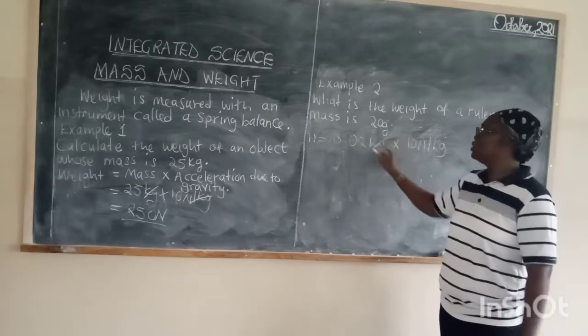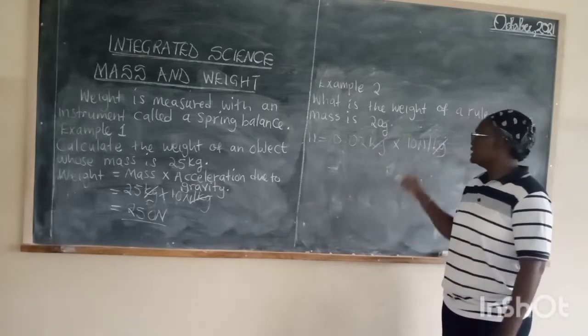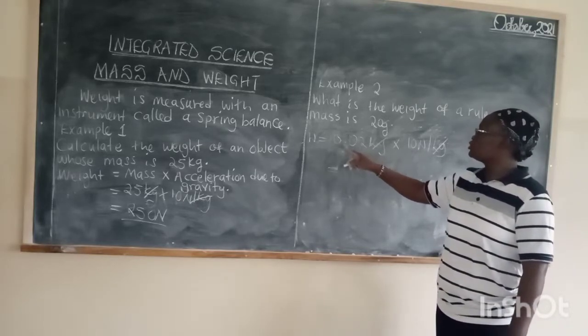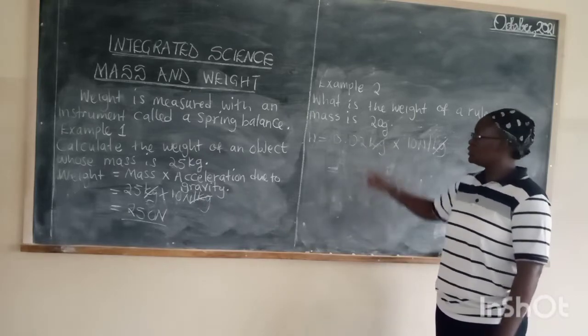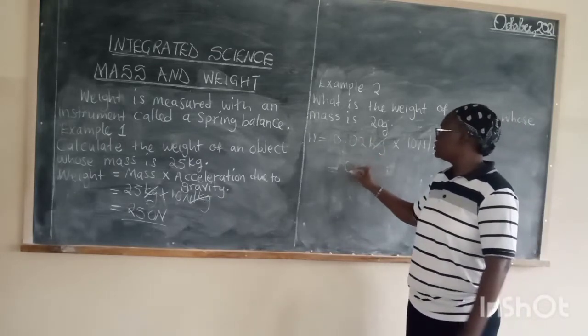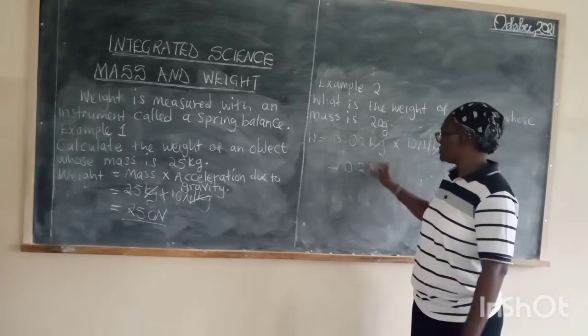So this kg goes and that one. Then what's the answer? Since we are multiplying by 10, we will move one decimal place. We move this point to this side. So the answer will be 0.2 newtons.